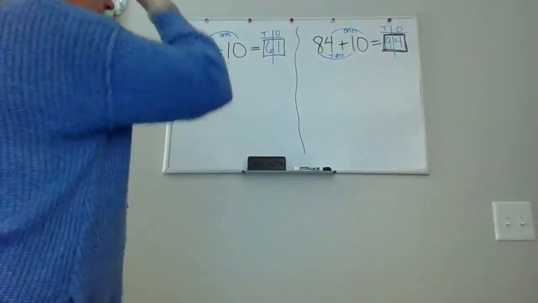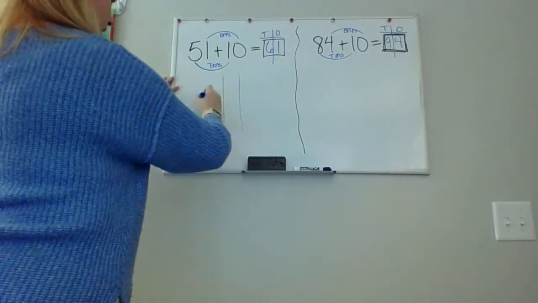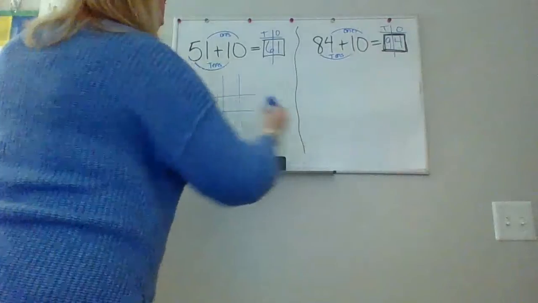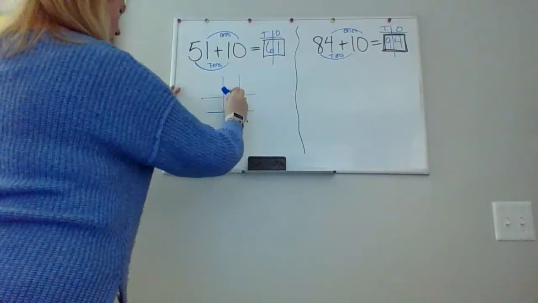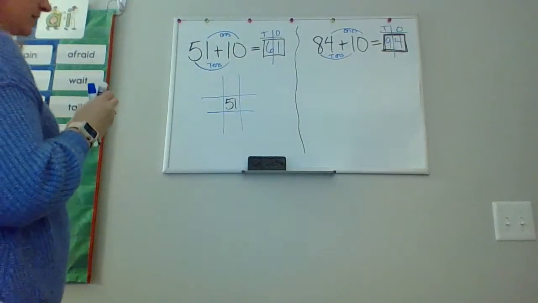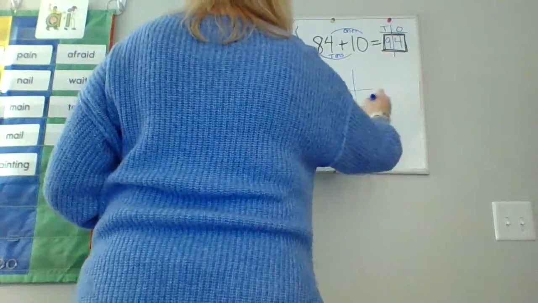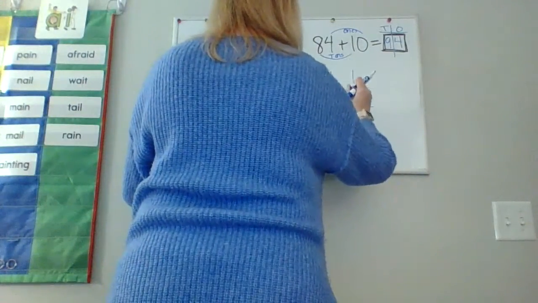Right. If I drew out a hundreds chart, it looks like a tic-tac-toe board, doesn't it? And I put 51 in here, and I drew out a tic-tac-toe board over here, and I put 84 here.